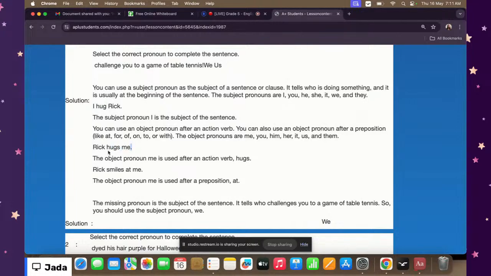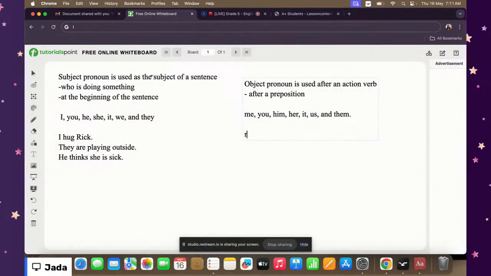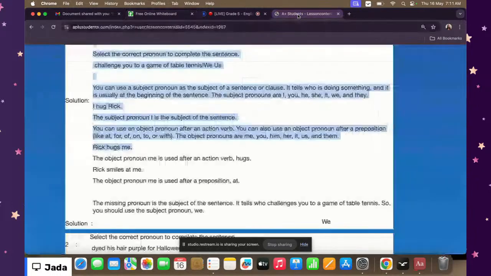You're hugging somebody, that's an action verb. So the me here stands as the object pronoun, of course, and hugs there is the action verb.